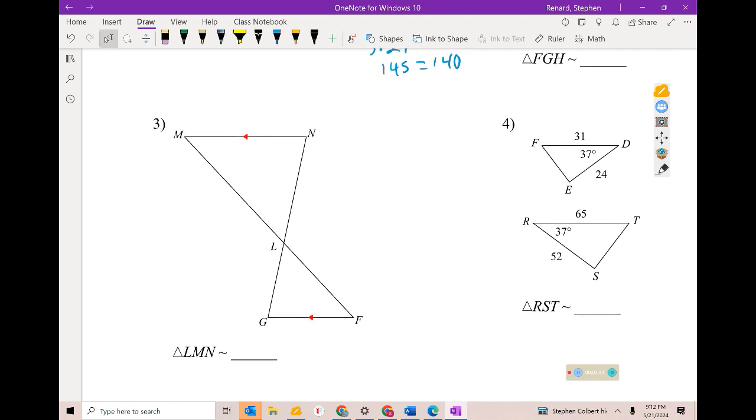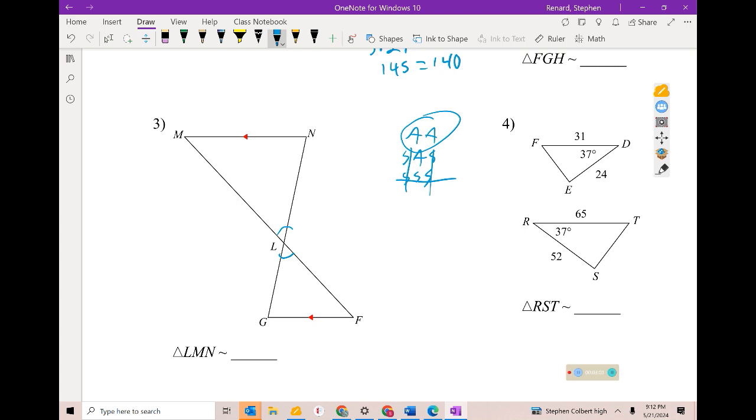So let's look at number 3. Now, number 3, we don't have any numbers. So if we're looking at our 3 possibilities for similarity, we don't have any side lengths here at all. So the only one we have is angle, angle. We know through the vertical angle theorem, sorry, took a second on that one, that those two are equal.